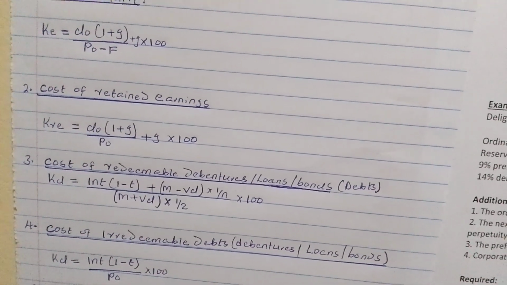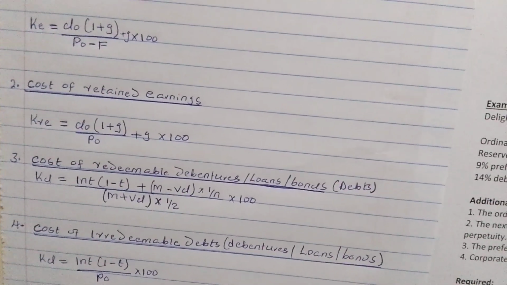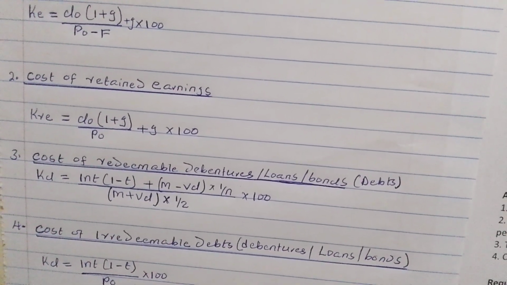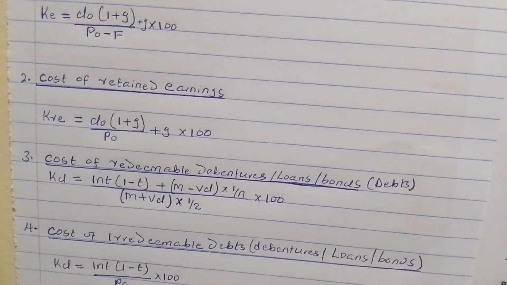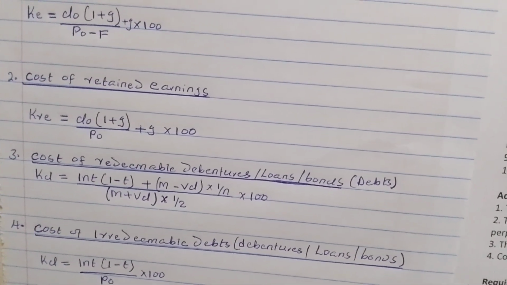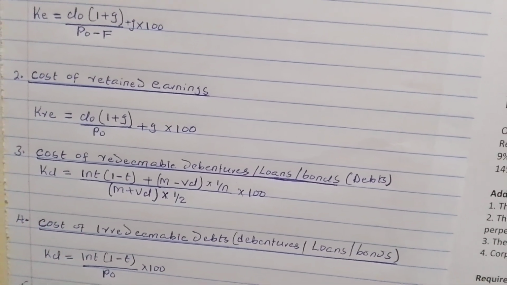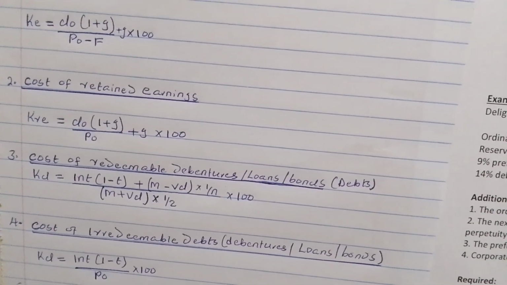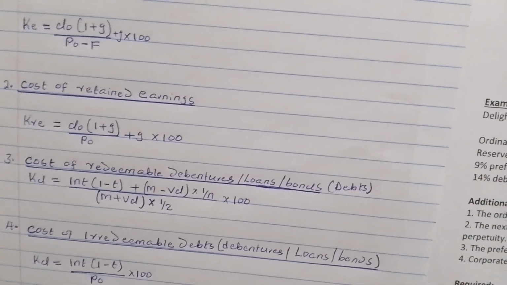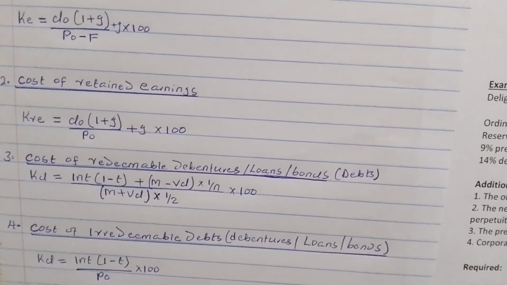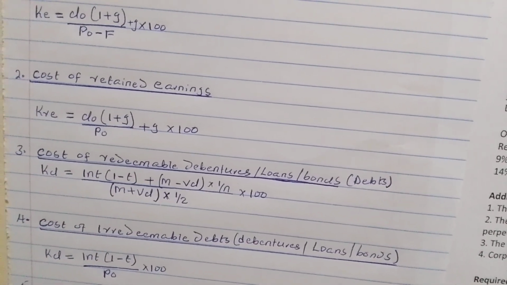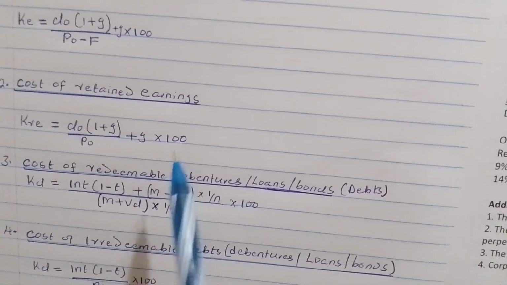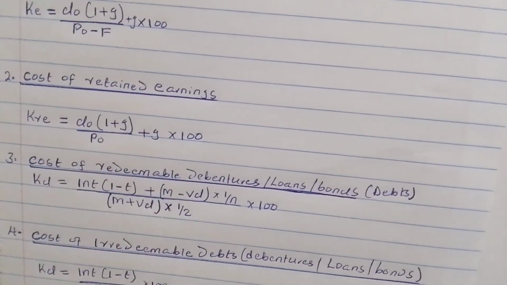So instead of distributing retained earnings to the shareholders, the directors may decide, instead of raising additional capital through other sources like loans, that it becomes prudent to use the retained earnings which is already available. That is what we call retained earnings.